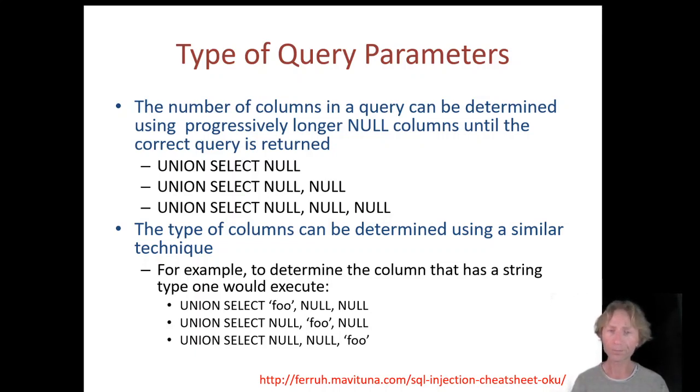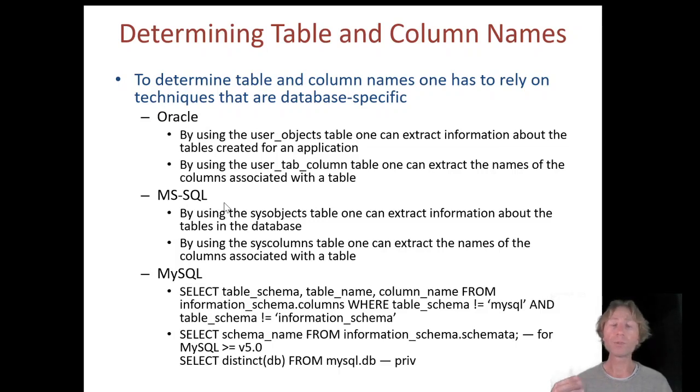Next thing that we want to know is maybe names of columns or names of databases. Well, for this we need to rely on database specific tricks. For instance, for Oracle database, we can use the user objects table to extract information about the tables corresponding to an application. Or the user table column table, which can extract the names of the columns associated with the table.